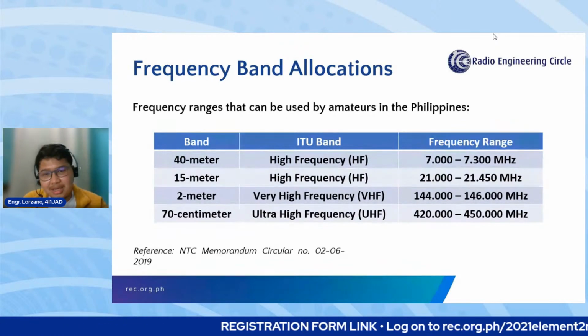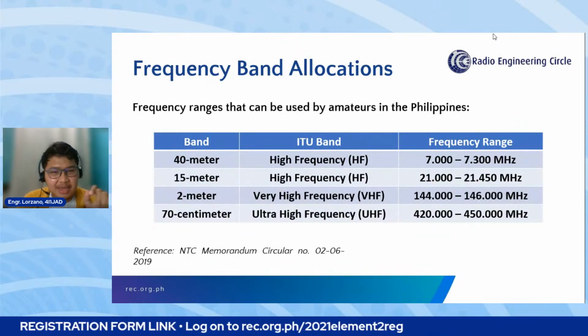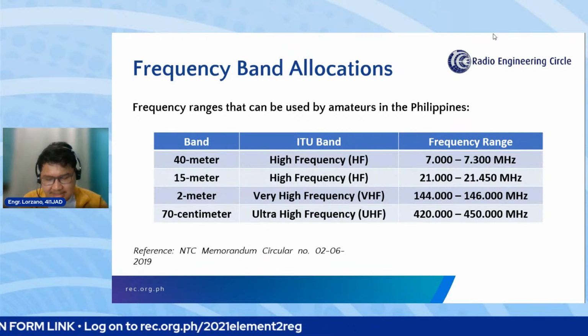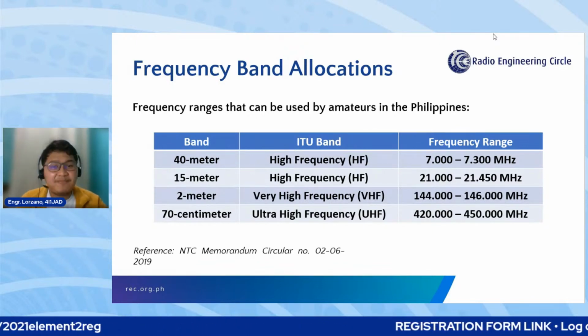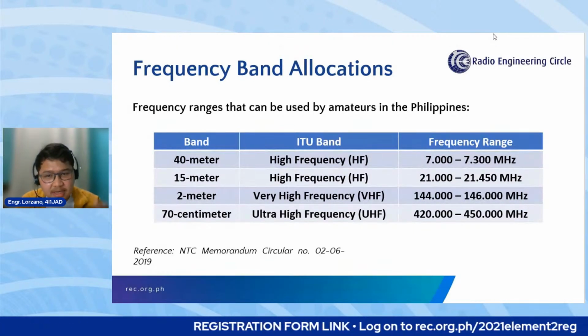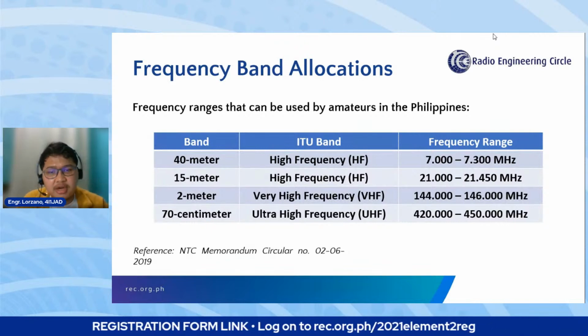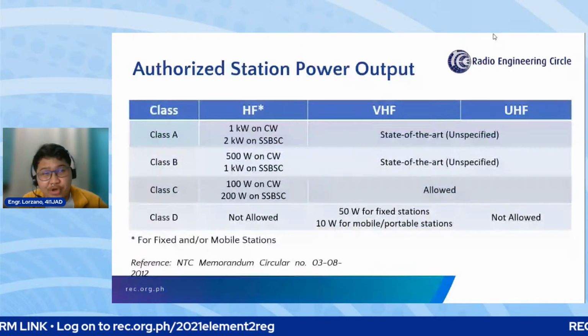It is a VHF band from 144 to 146 megahertz. And 70 centimeter UHF from 420 to 450 megahertz. And remember this one, it's from the NTC Memorandum Circular Number 0206-2019. So ito na yung updated.